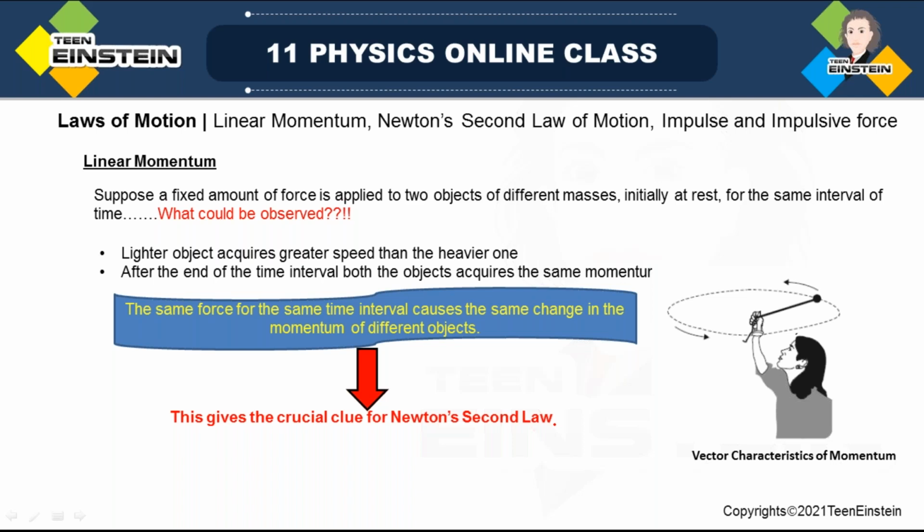That means the external applied force is directly proportional to the change in the linear momentum.